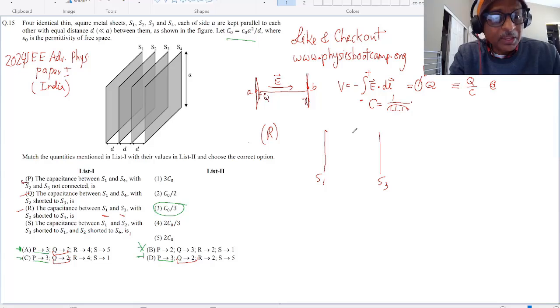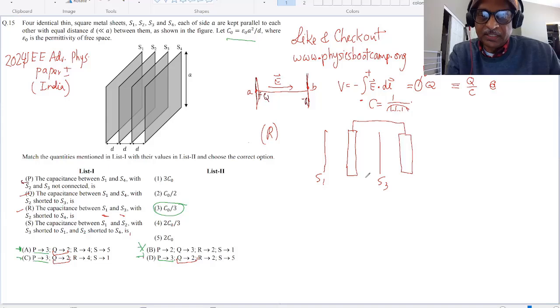And then we have S2 and S4, which are just shorted, and there are two surfaces where the charge can spread. So this is a plus Q and this is a minus Q we place on them.